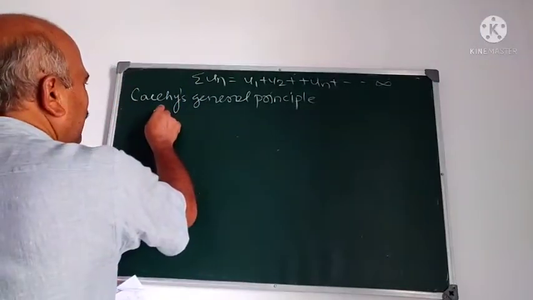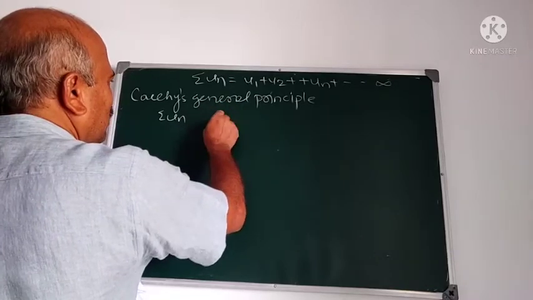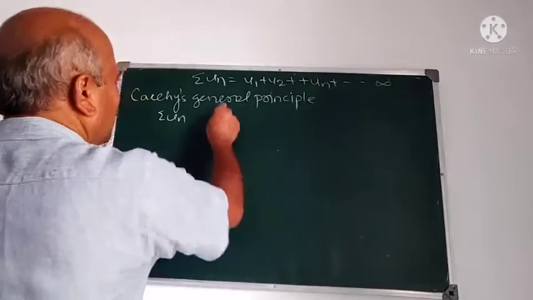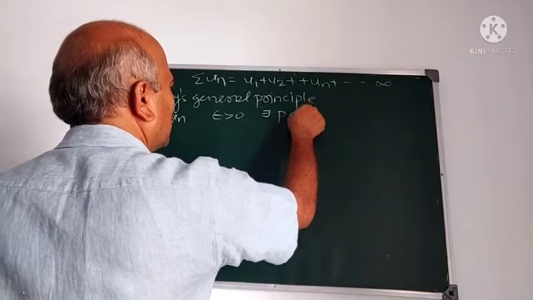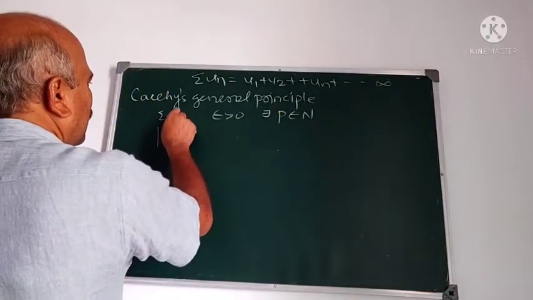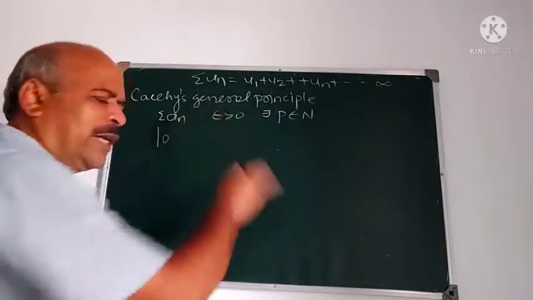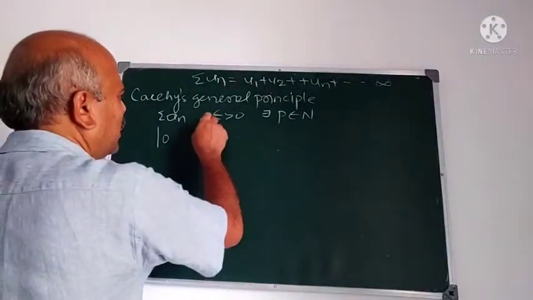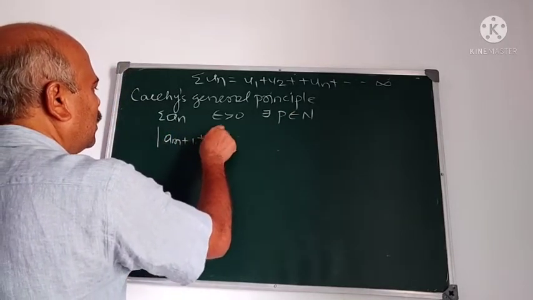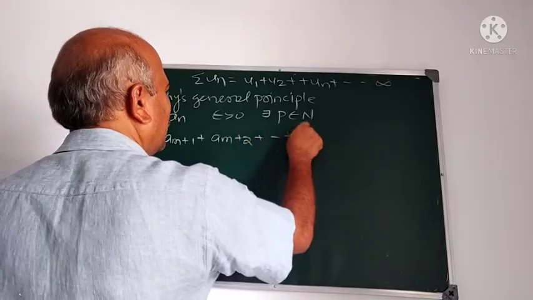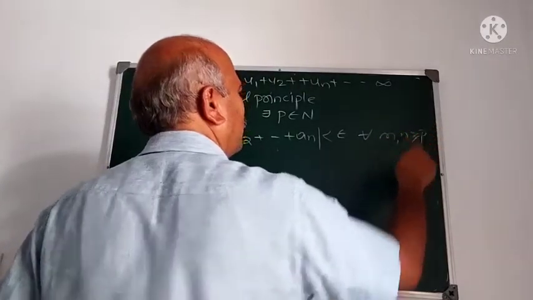It states like this: if sigma un is any series, then sigma un converges if and only if for epsilon greater than 0 there exists p belonging to N such that the modulus of a(m+1) plus a(m+2) plus etc. plus a(n) is less than epsilon for all m, n greater than or equal to p.